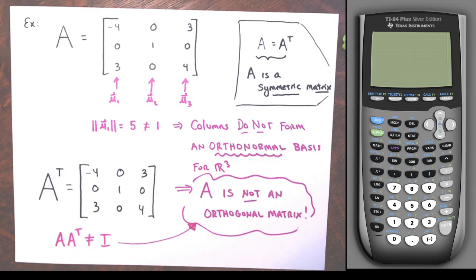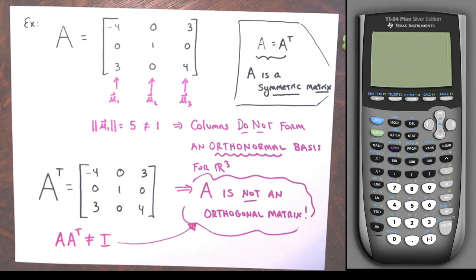And then also you could probably verify that taking the determinant of this matrix would be negative 25. So the determinant's not 1 or negative 1. All right, I'll write that here.